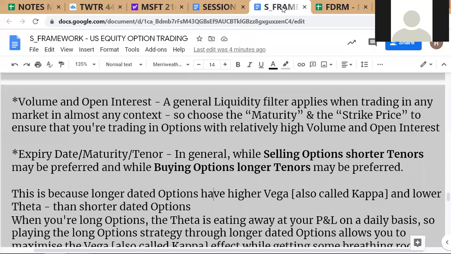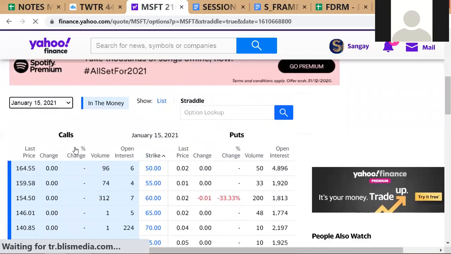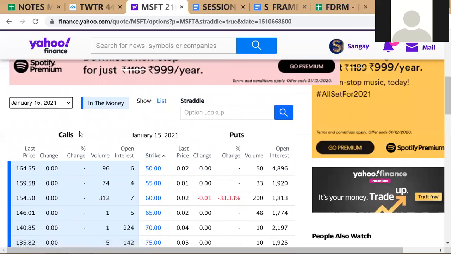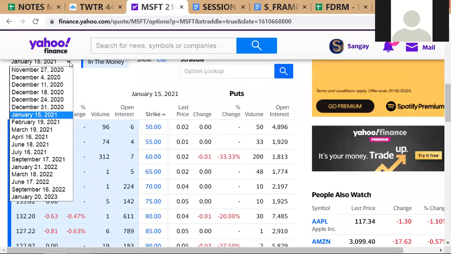Sir, I have one more question. One thing I observed while trading: I have traded Nifty Bank options, and on expiry date the option price came from 300 to 20.